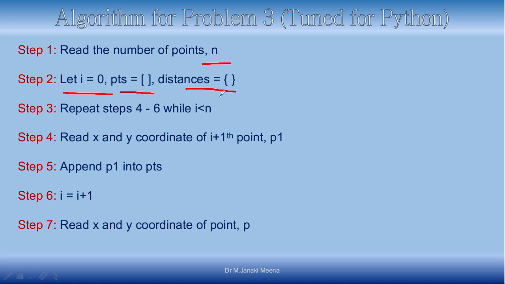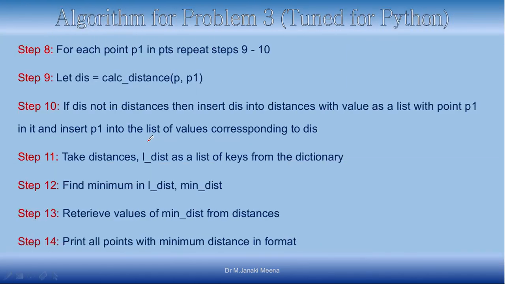So initialize the dictionary to empty, and then we are going to repeat steps 4 to 6 while this i is less than n. What we are going to do is, for each point P1, you are going to read the x and the y coordinate, and we are going to append the point into the points list, right? Then incrementing the iterative variable, you are reading the x and the y coordinate of point P, and this is ready.